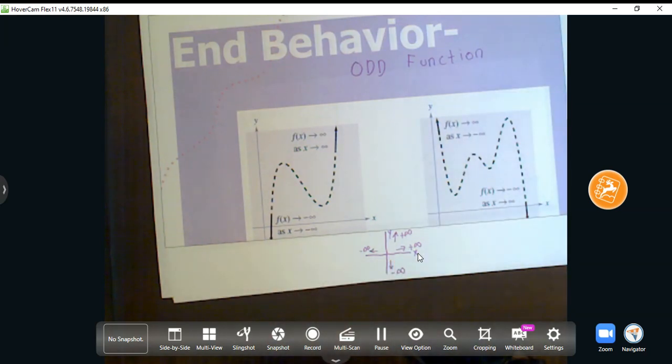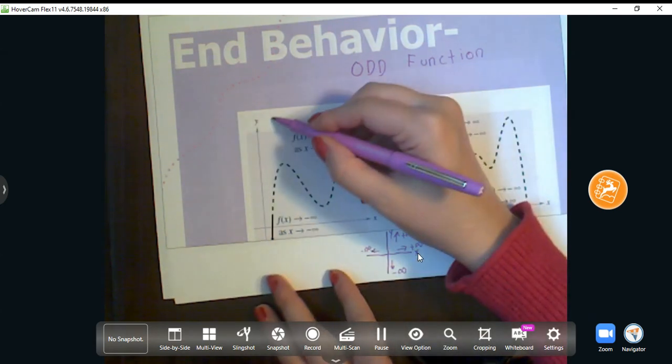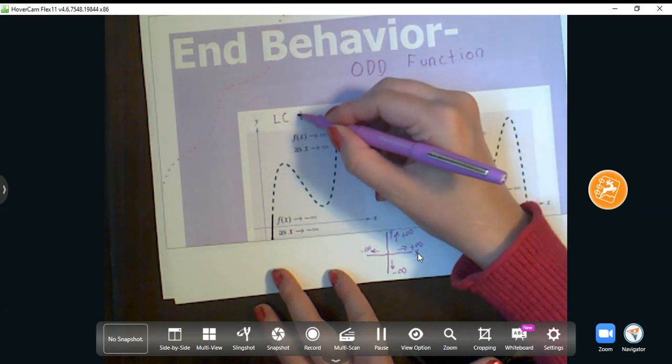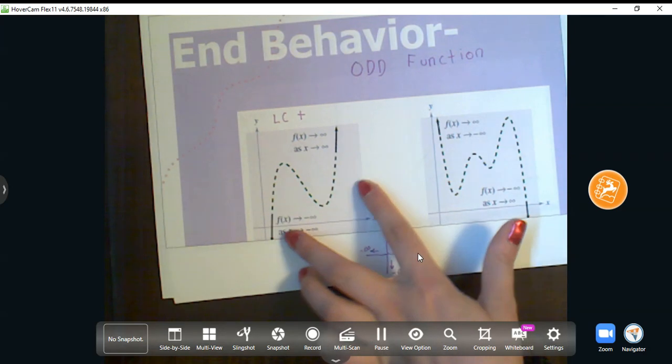Okay. And the way we know which one it is, so our leading coefficient, remember, is the coefficient of our first term as long as we put them in descending order. So we want to put the biggest exponent first, and then that's the coefficient we want to look at. So if our leading coefficient is positive, then our graph is going to look like this.